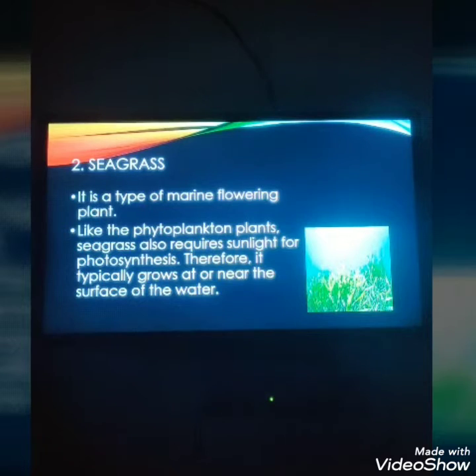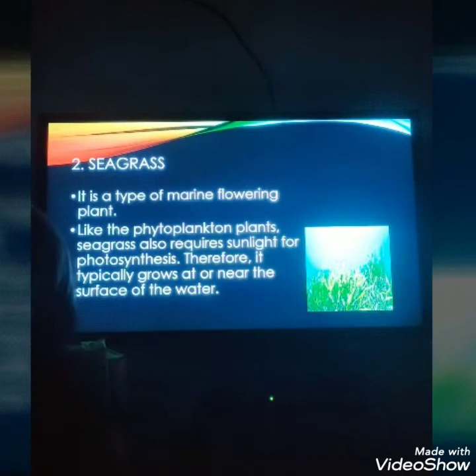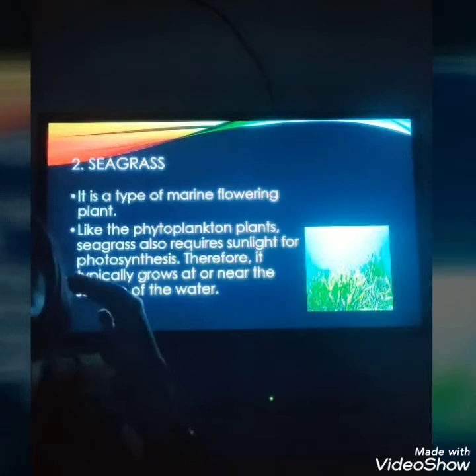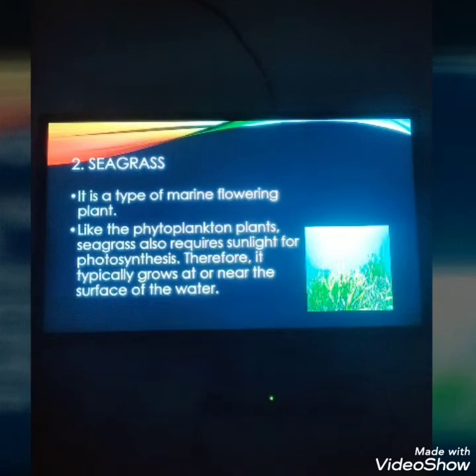Seagrass also prepares its own food and so it requires sunlight. Therefore, it typically grows at or near the surface of water. Because it needs sunlight for photosynthesis, it grows near the surface of water. Okay, look at the picture of seagrass.